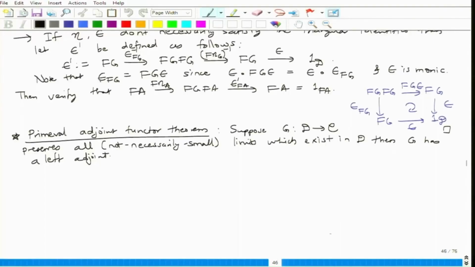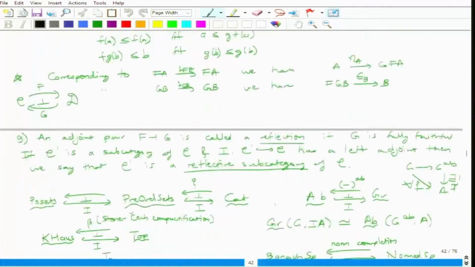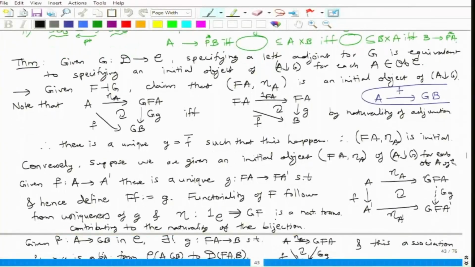Okay, so I want to point your attention to this particular result that we have done. Do you remember this? Given a functor G, specifying a left adjoint for G is equivalent to specifying an initial object for the arrow category, where you are talking about each A in an object of C. So we want to connect these different things.